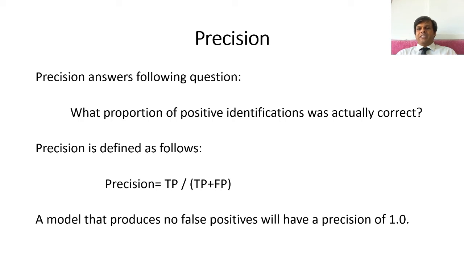Since it is test data, we know the actual results, so that gives us the precision of the model which we have trained. Mathematically, precision is equal to true positives divided by true positives plus false positives. A model that produces no false positives will have a precision of 1, because it will be TP divided by TP, which is 1.